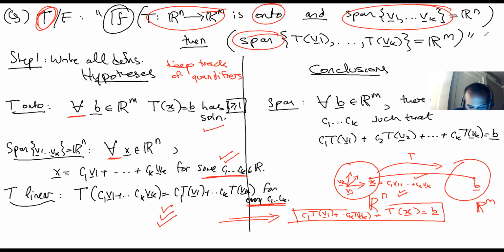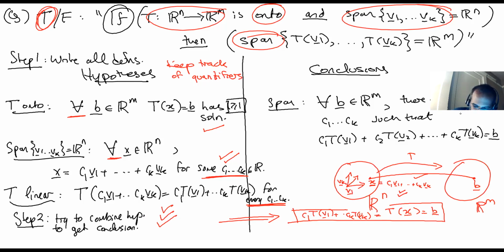It just means that proof didn't work. So step 2 is try to combine hypothesis to get the conclusion. And then if that doesn't work, then go through your library of examples to try to find a counterexample. If that doesn't work, go back to step 2.